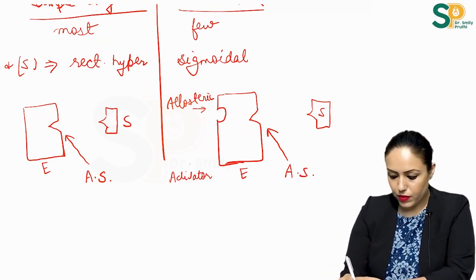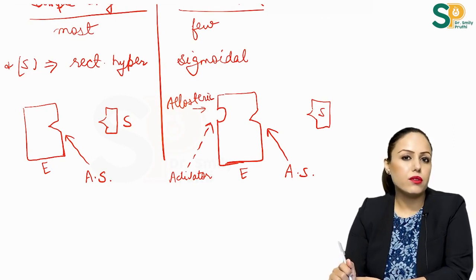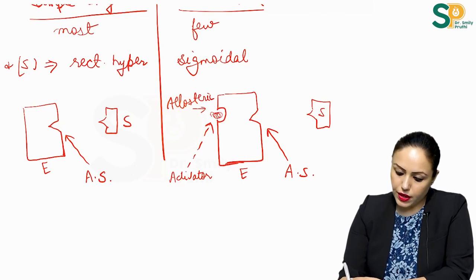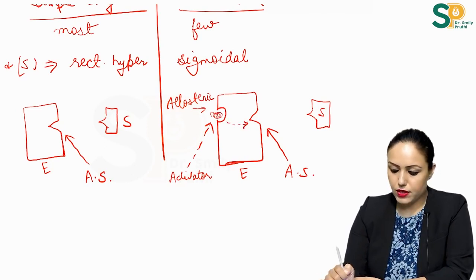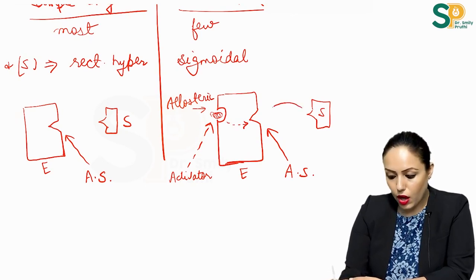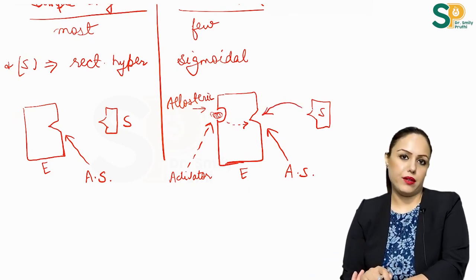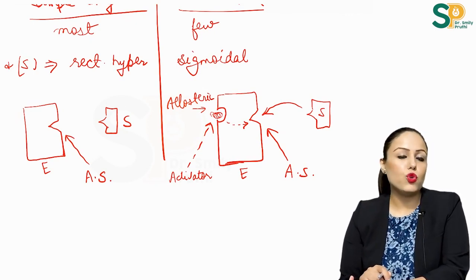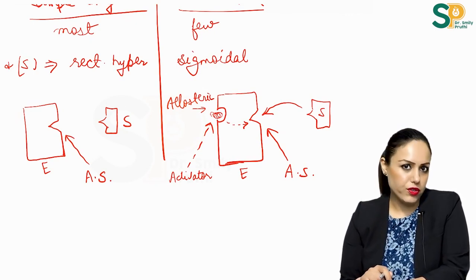What will happen if an activator comes and binds here at the allosteric site? This binding will induce changes in the active site so that now the substrate will be able to bind. So here binding depends on the presence of the activator.